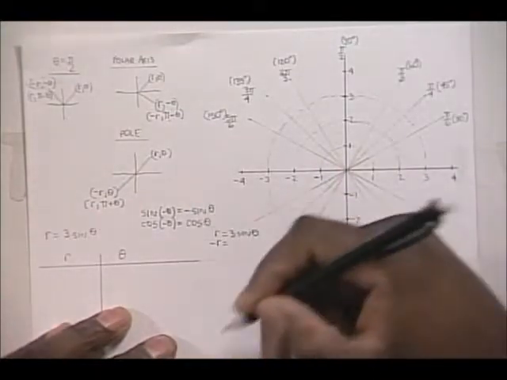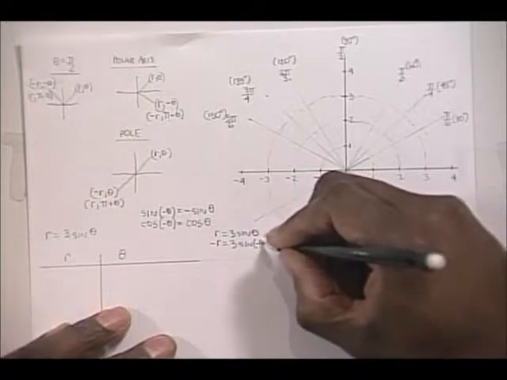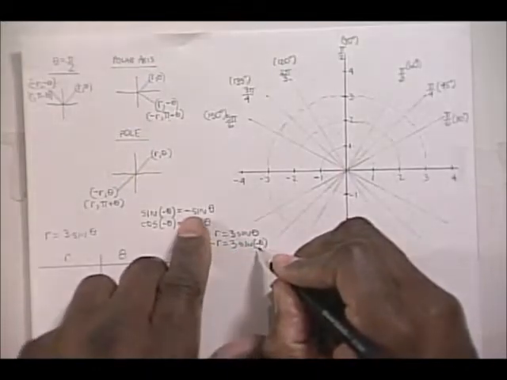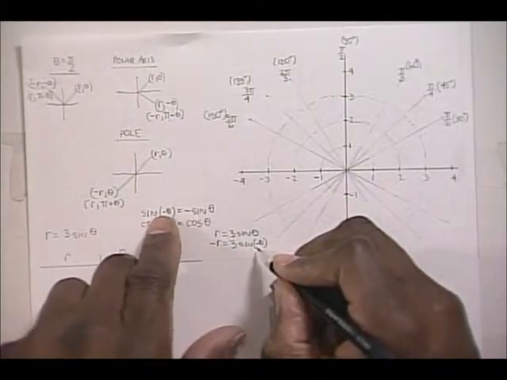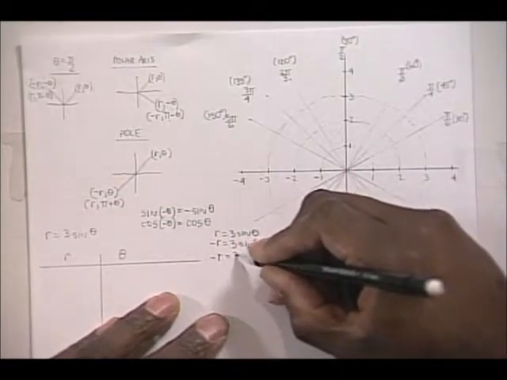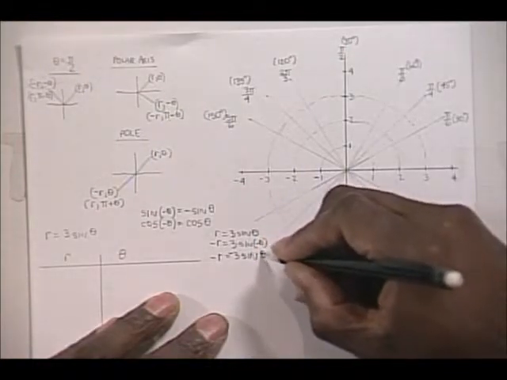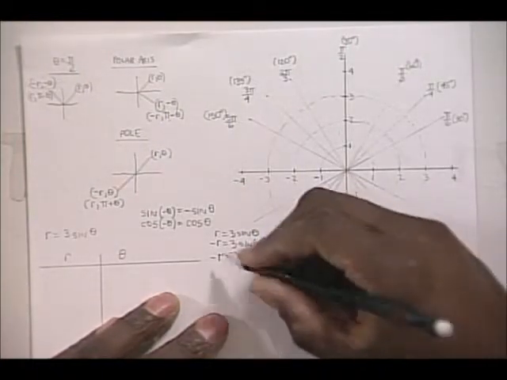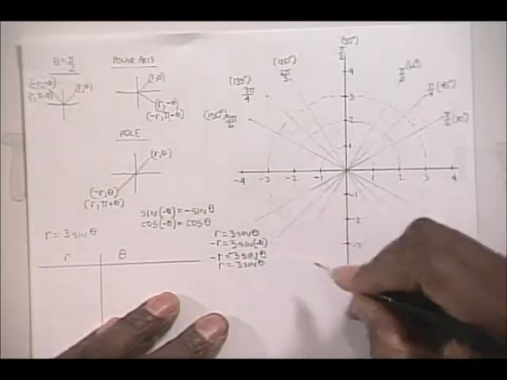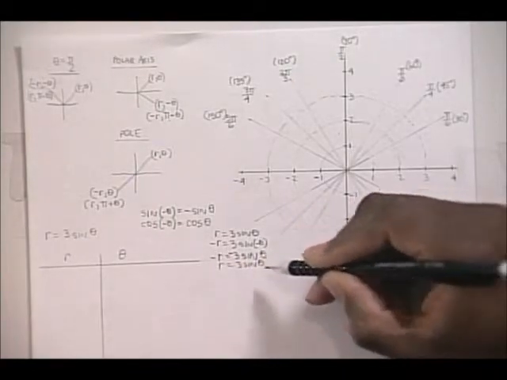If we substitute in negative r, then 3 sine of negative theta gives sine negative theta, which we've stated previously is negative sine theta. So we have negative r is equal to negative 3 sine theta. You divide by negative on both sides, so you get r is equal to 3 sine theta. So you end up with the same thing that you started with, and that's what we are testing for.